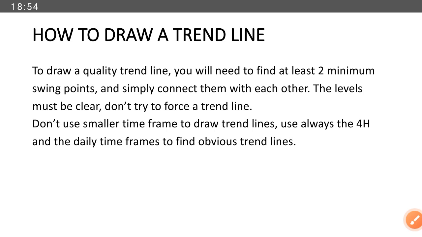The levels must be clear. Don't try to force a trend line. It must be clear. If it's not clear, that means it's not it. So don't use smaller time frame to draw trend lines. Always use the 4 hours and the daily time frames to find obvious trend lines.